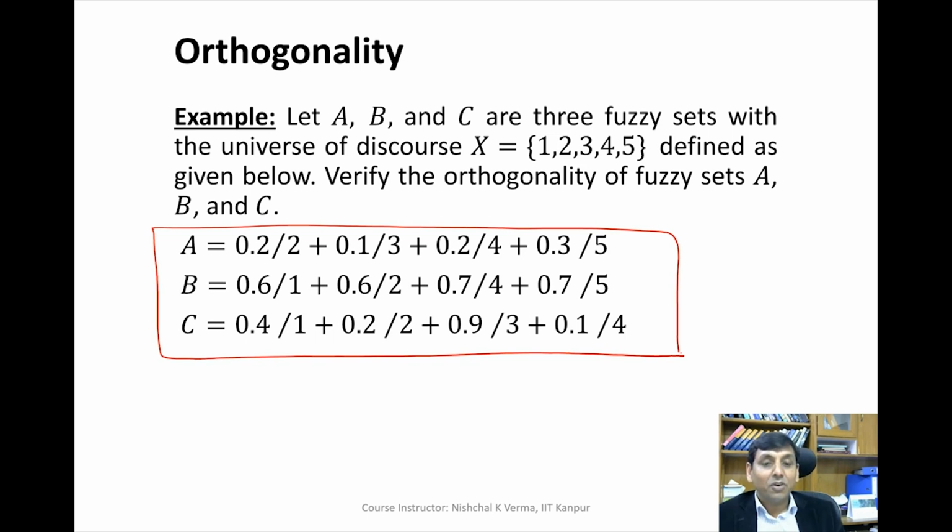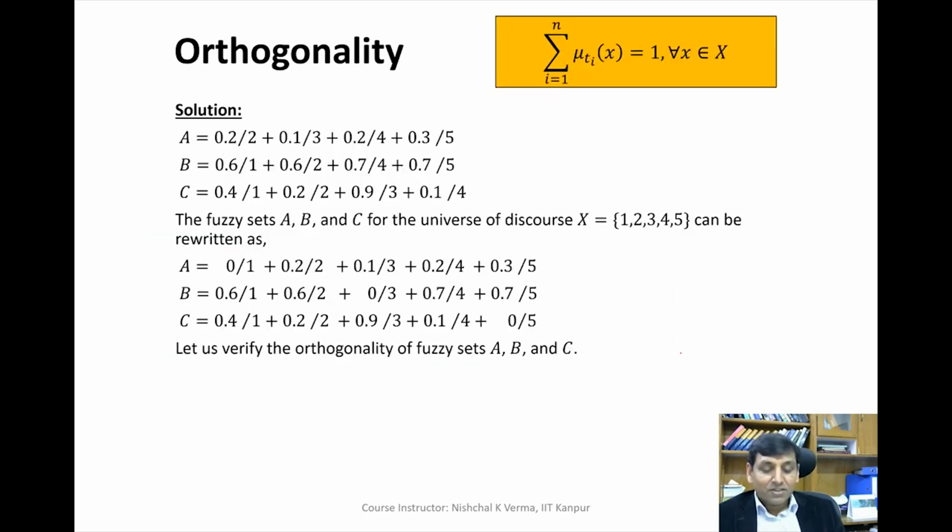Throughout all the generic variable values, at any generic variable value, the summation of the membership values should be equal to 1. So this is the condition. Let us now quickly check.